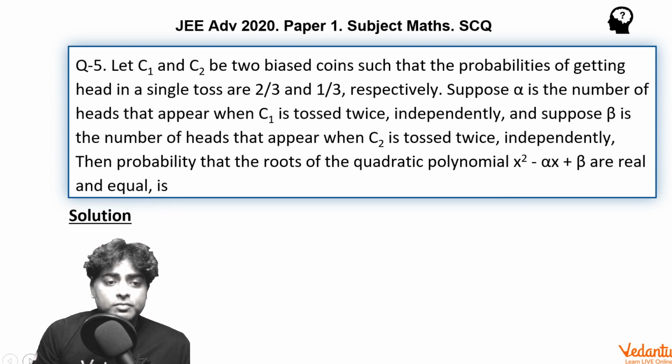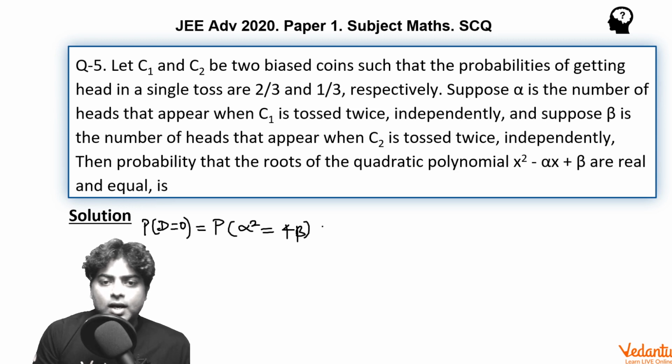Let me write, the required probability is basically the probability that the discriminant is 0, meaning alpha square is equal to 4 beta. We'll have to search the cases for alpha and beta.